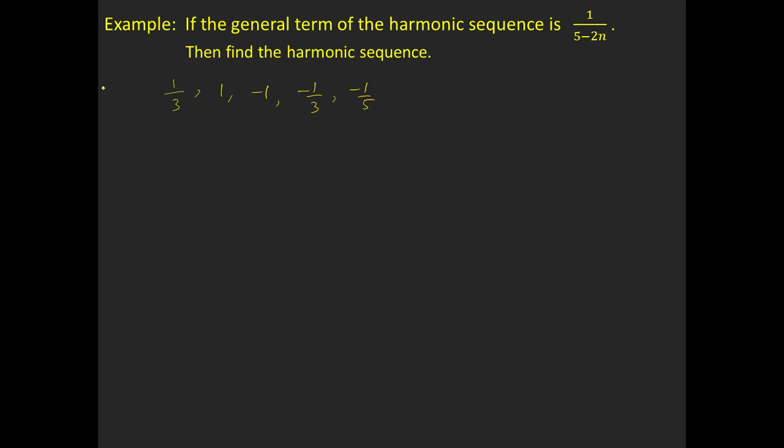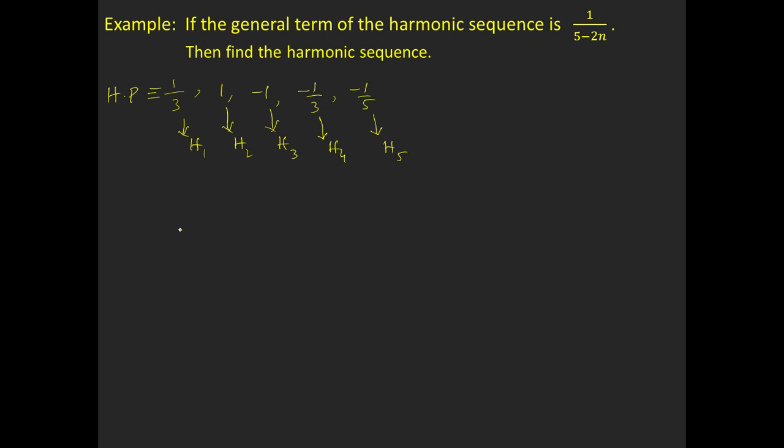So this is the given harmonic sequence, or this is the required harmonic sequence or harmonic progression. This one is the first term, this one is the second term, the third term, the fourth term, and the fifth term.